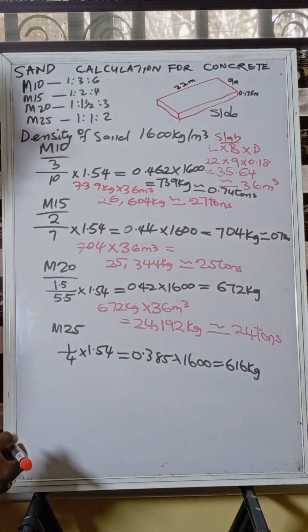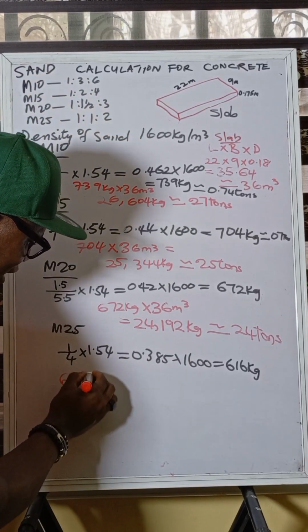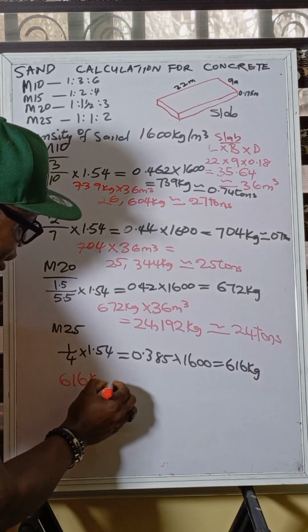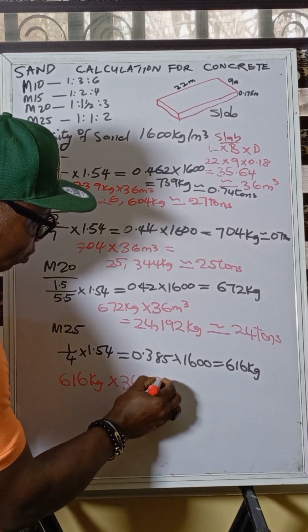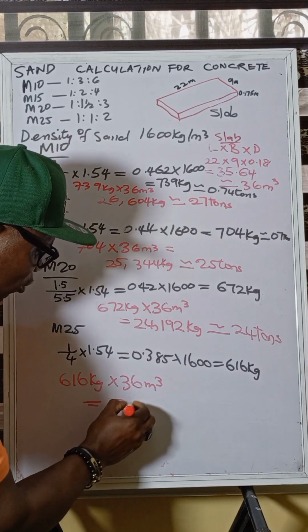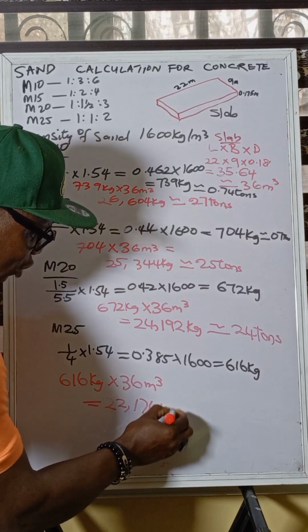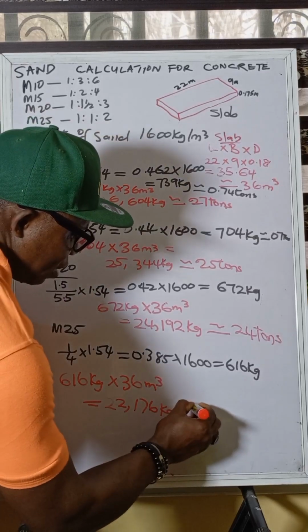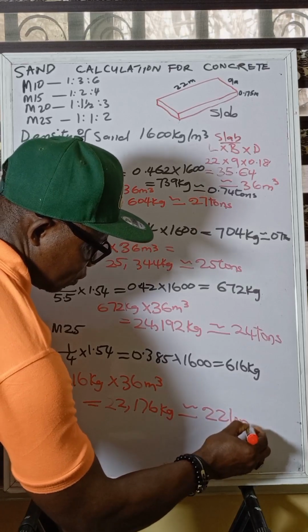While for M25, we require 616 kg per cubic meter multiplied by 36 cubic meters. So we require 22,176 kg of sand, approximately 22 tons.